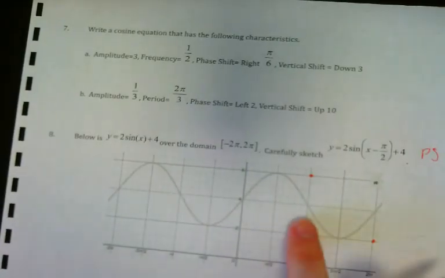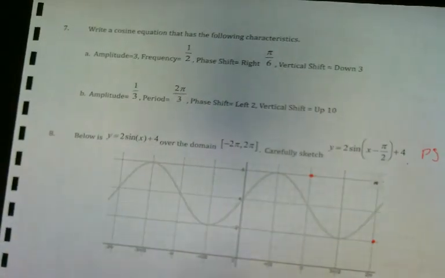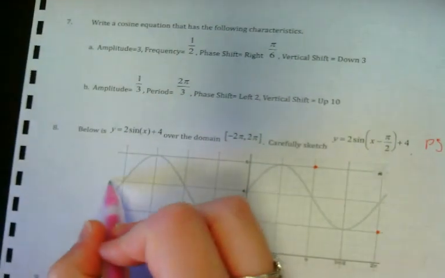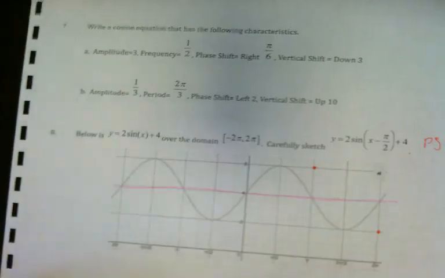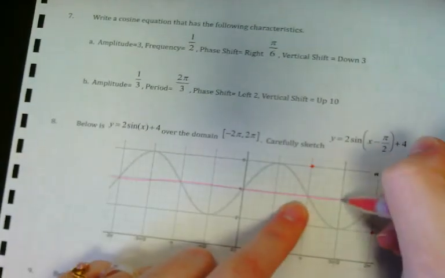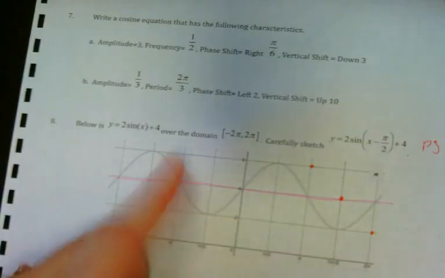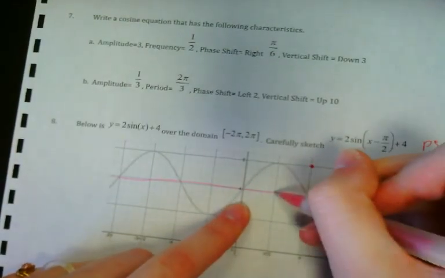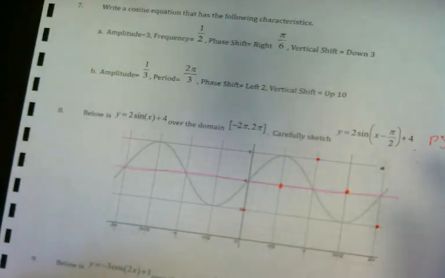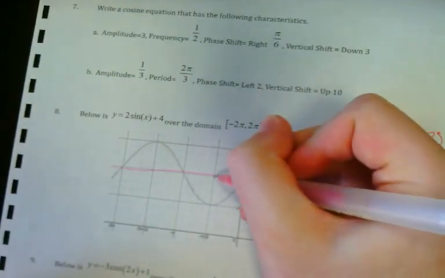I can also look at my zeros or my midline. My midline is now at, what's 4, y equals 4. I can draw that in for myself here. If I hit 4 at pi, I'm just going to shift that right. At 0 I hit 4, shifting it right, just pi over 2. Shifting everything right, pi over 2.